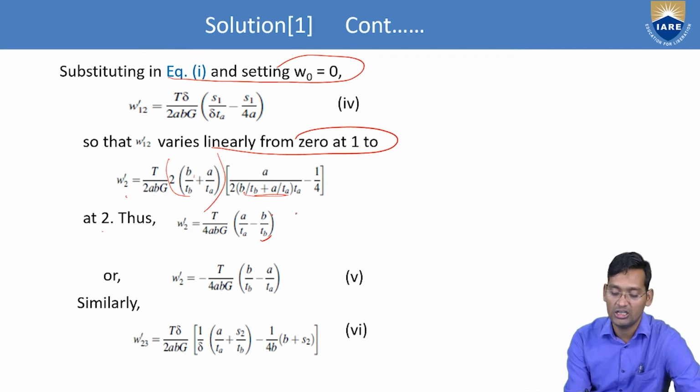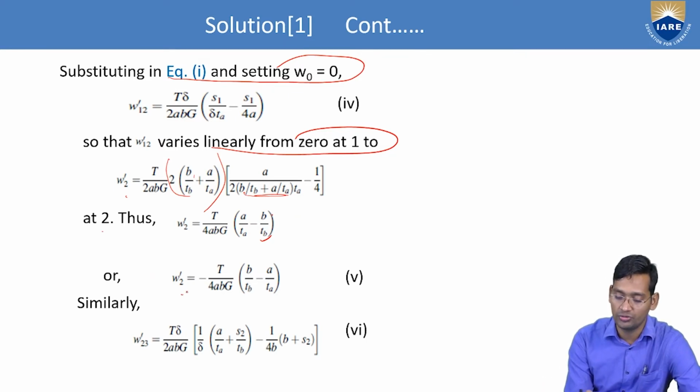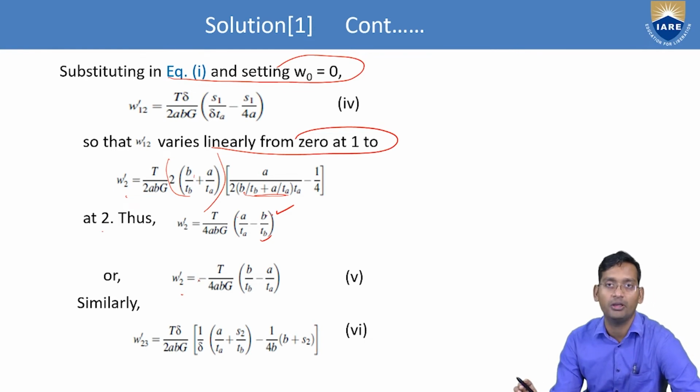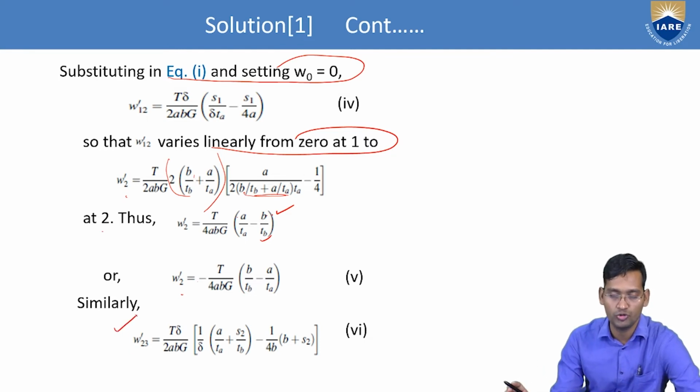So W dash 2 equals T by 4ABG into G into A by TA minus B by TB, or W dash 2 equals, taking minus common and making this positive, B by TB minus A by TB with a minus sign here. So that is for W dash 1 to 2. Similarly, we can find W dash 2 to 3.